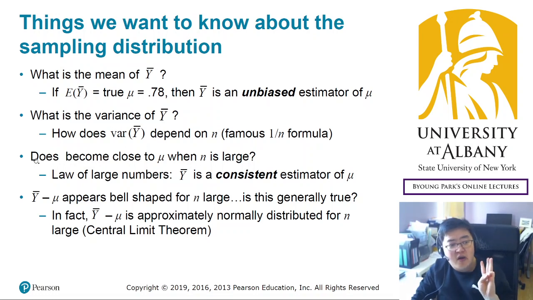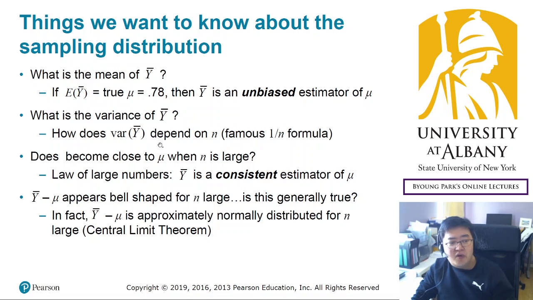Third, does y bar become close to mu, the true mean, when the sample size is large? And finally, fourth, what is the shape of the distribution for this estimation error? Y bar minus mu is the estimation error. Then when n is large, what is the shape?